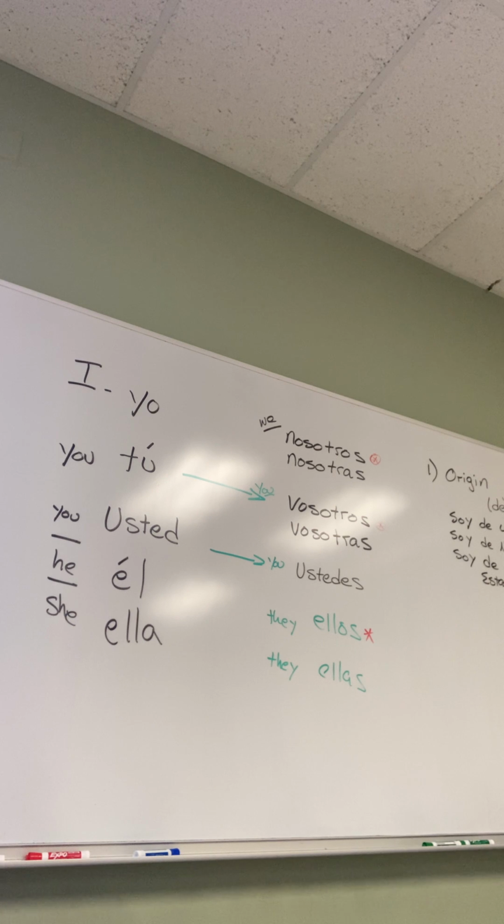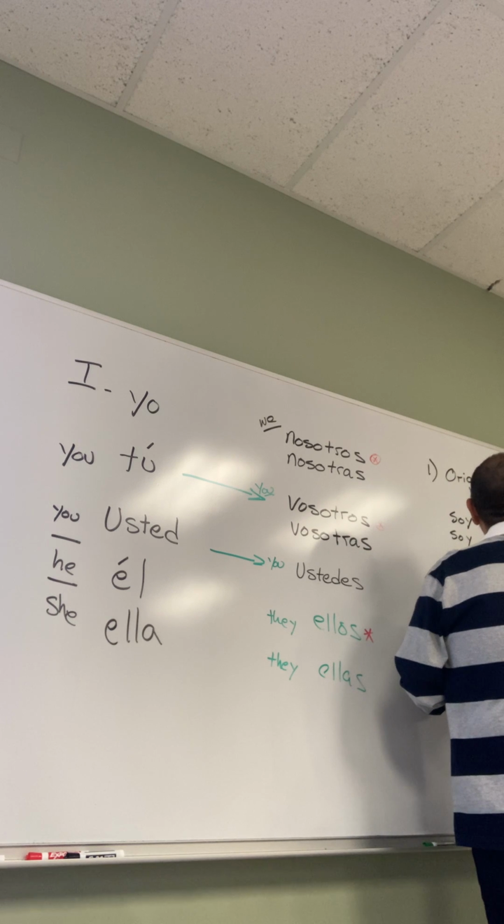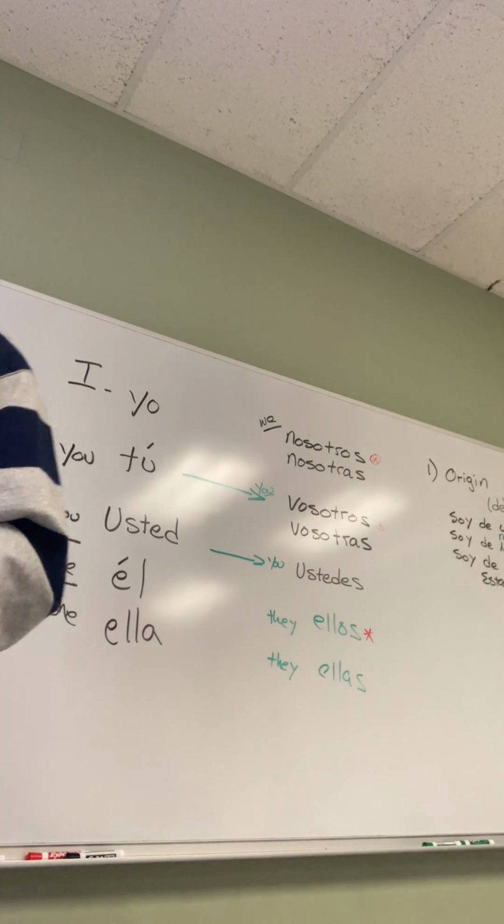Most place names don't change. But New York is one of those special places that does. Even though I wrote it in English, you can say nueva, for new, soy de Nueva York.